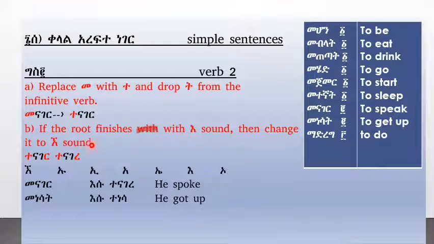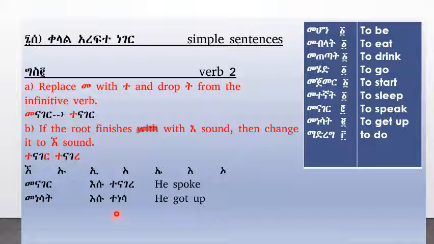Surprise. So it was ተናገር; because of this rule, this will be changed to ተናገረ. Okay, መናገር, ተናገረ. Two rules. መናገር, እሱ ተናገረ. Change to ተ, change to ረ.